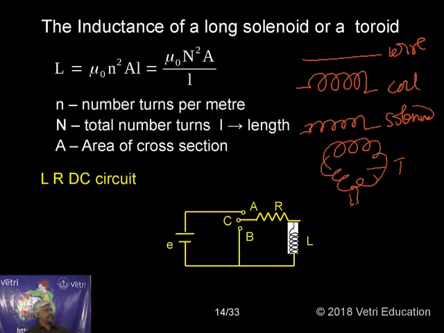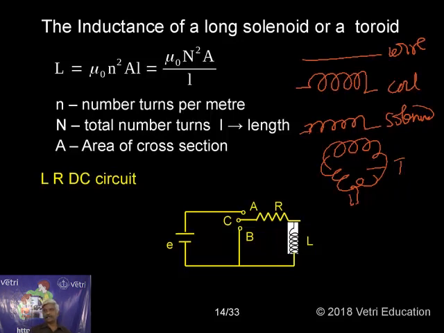Next, another additional point to be noted here: the DC circuit. We are not mostly dealing with DC, but sometimes a question is asked on a DC circuit. Everything we have is mostly AC. DC means direct current, a unidirectional current.